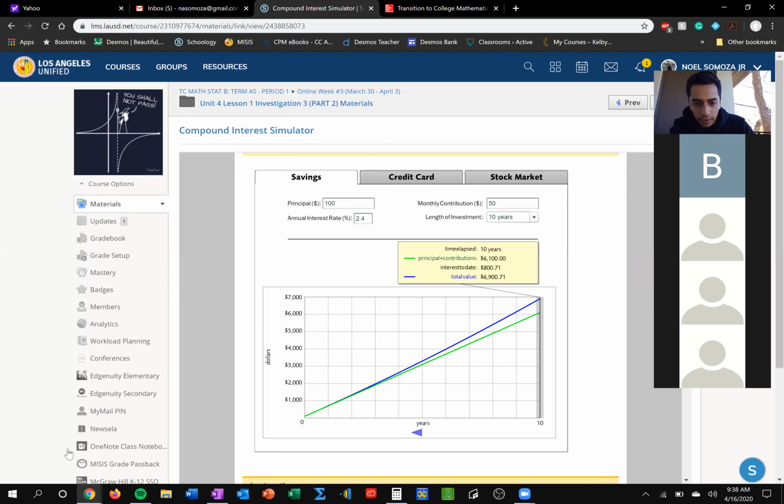Right, so do you see how there's a little bit of a separation? As time goes on, you start to see this little gap in between the blue line and the green line.